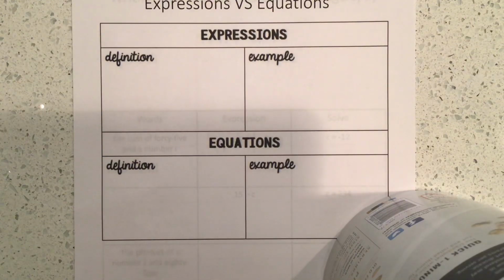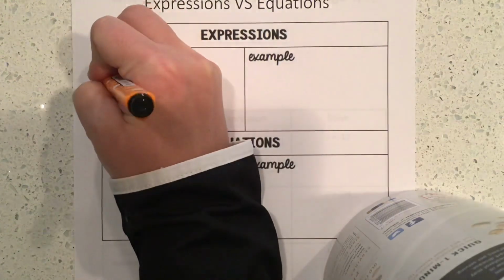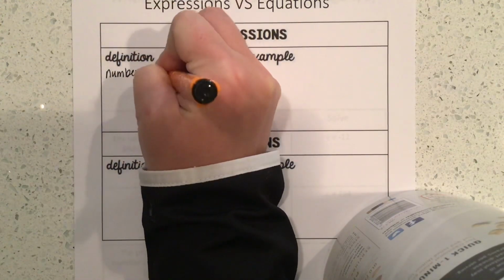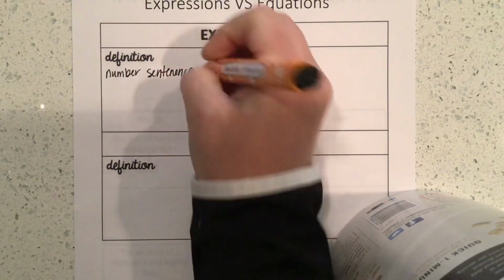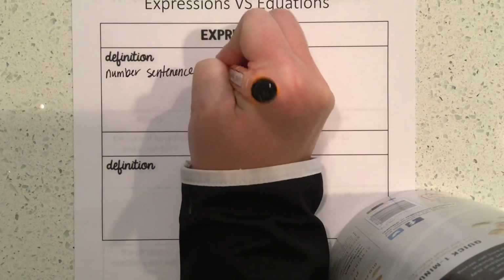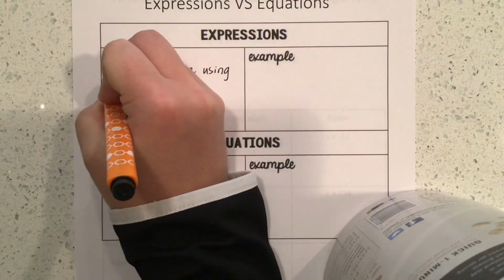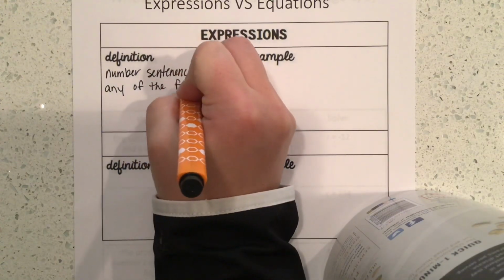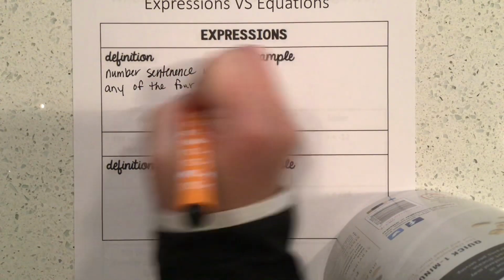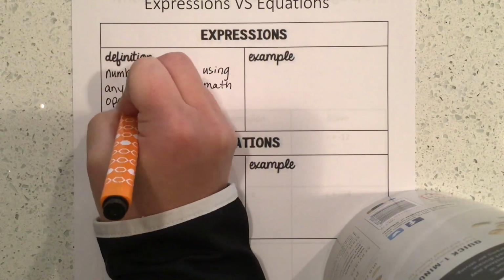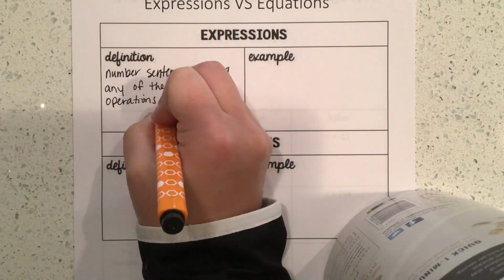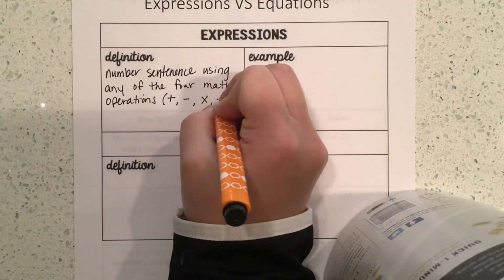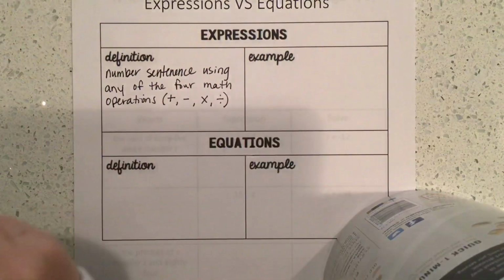So the definition for an expression is a number sentence using any of the four math operations, and those are add, subtract, multiply, and divide.